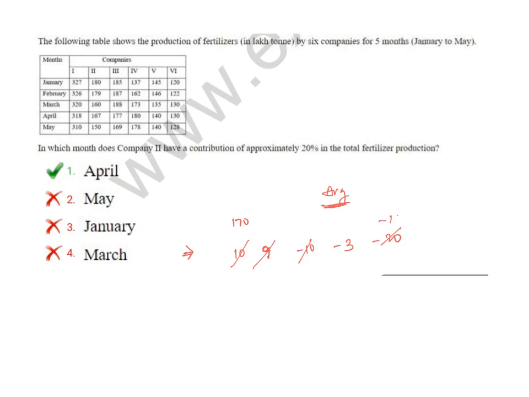This is minus 11. So that is minus 14. So 170 is our assumption. Divided by 5 months, 170 minus 2.8, that is 167.2. So see which one is very close to 167.2. That is April month. So answer is April here.